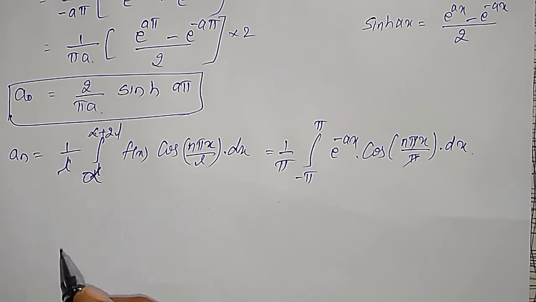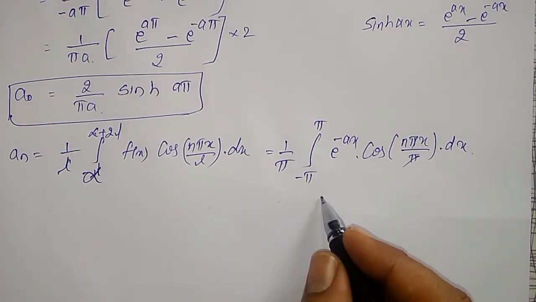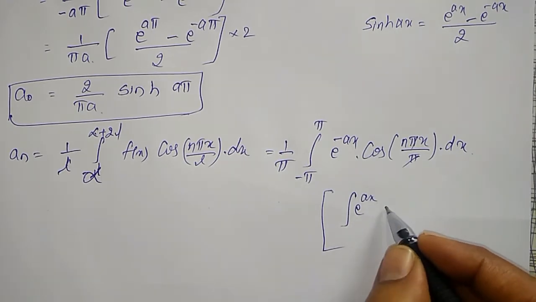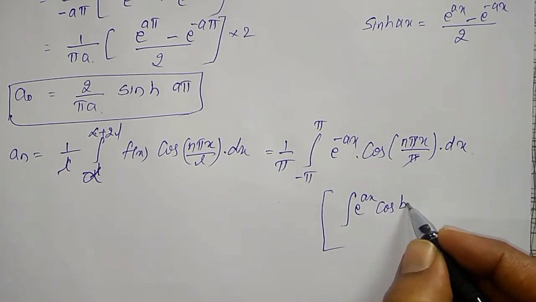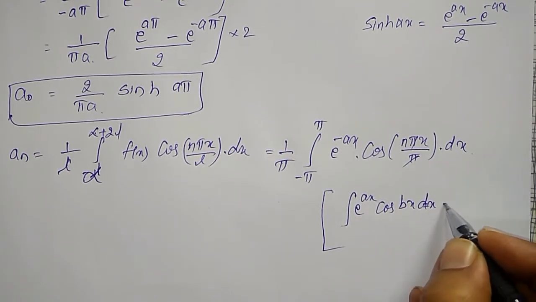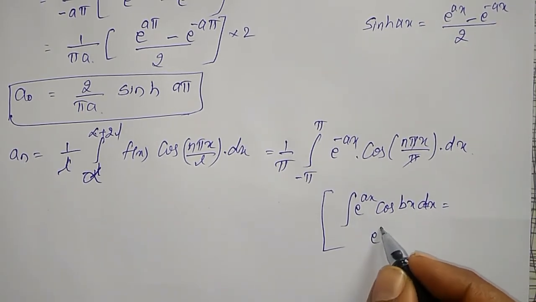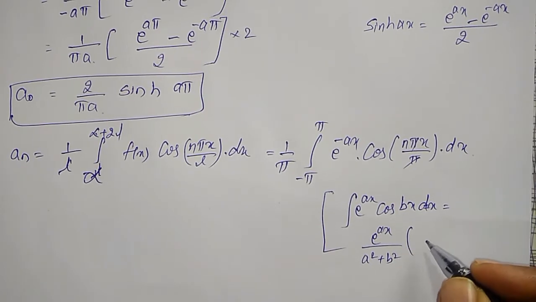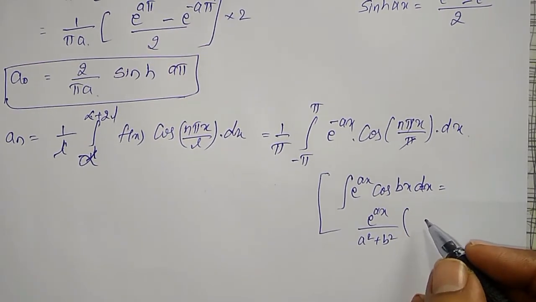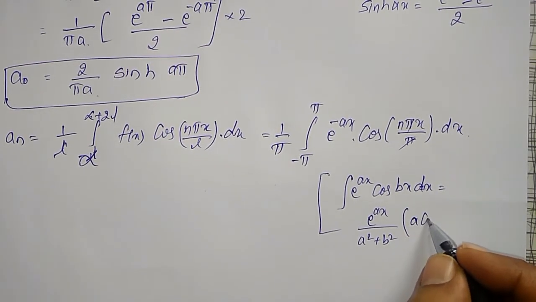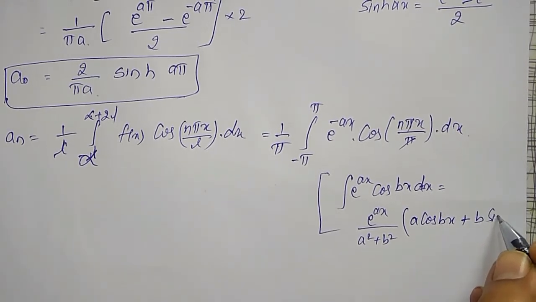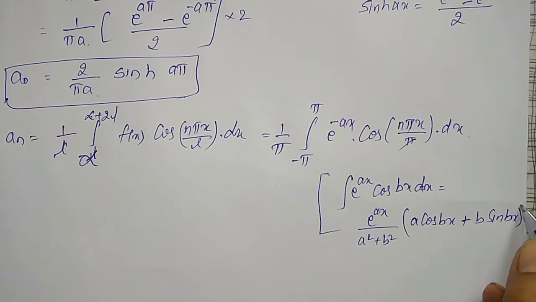I have to use a formula, that is integration of e to the power ax into cos bx dx is given by e to the power ax divided by a square plus b square into a cos bx plus b sin bx. This is the formula to integrate this.